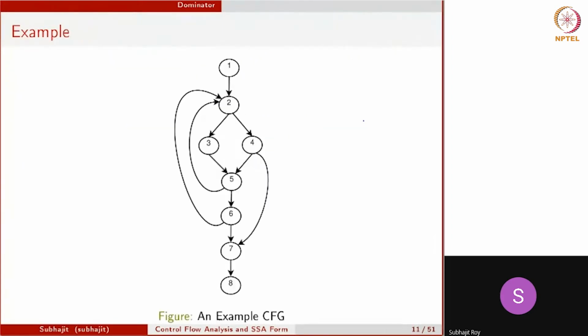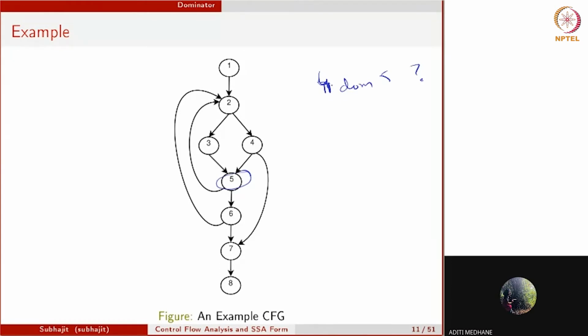Okay, so now for this control flow graph, can you tell me a dominator for node 5? Let me ask a question. Does 4 dominate 5? No, maybe. Why no?